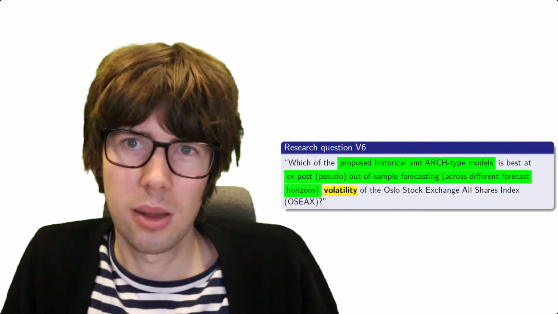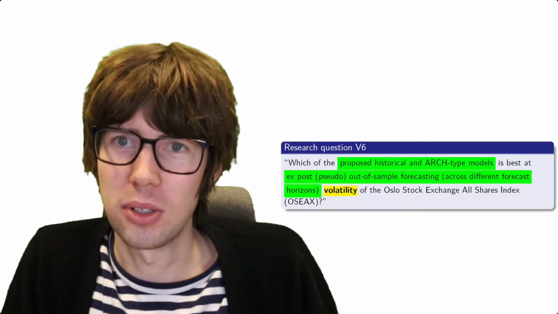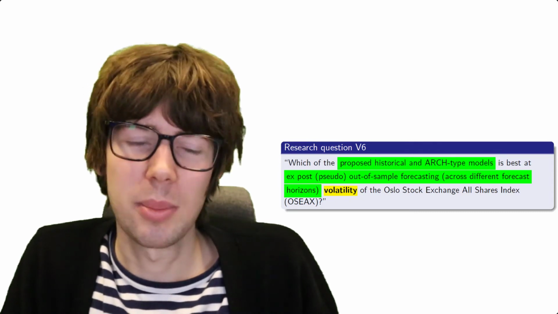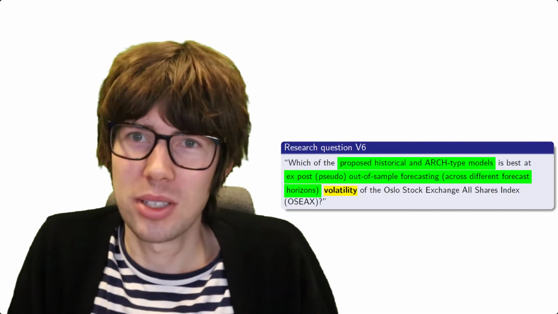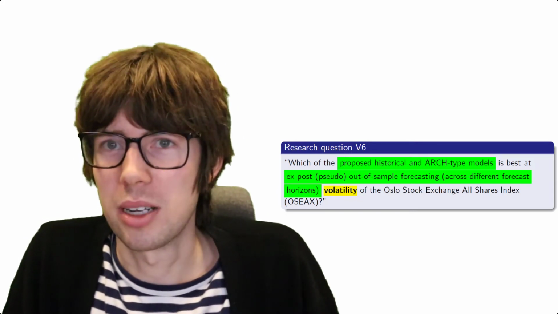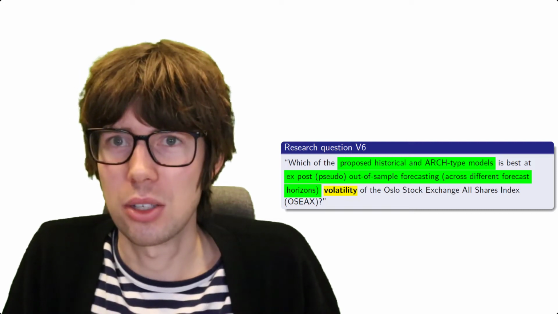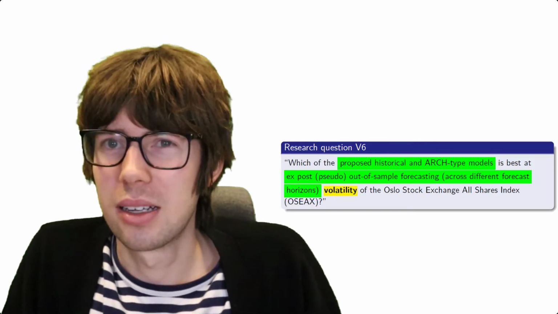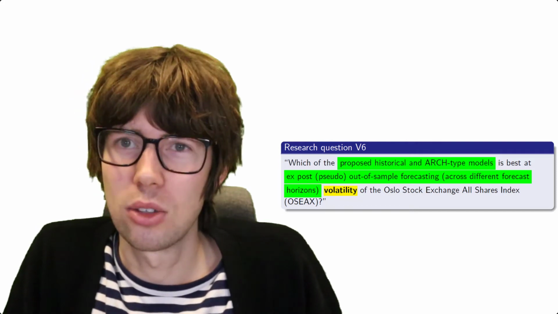Some proxies and methods are better than others, and some are more data demanding than others. So, because I don't specify what I mean by volatility here, we get the problem that my research question is not specific, and consequently, I may or may not have any novelty.